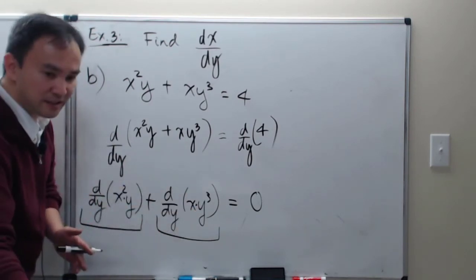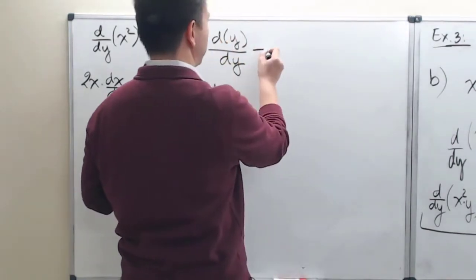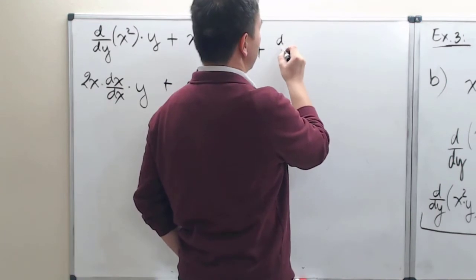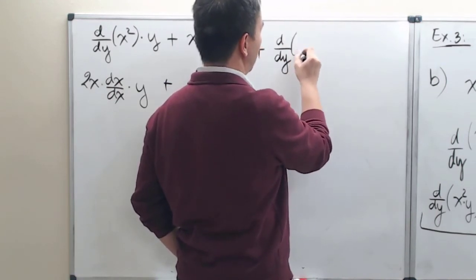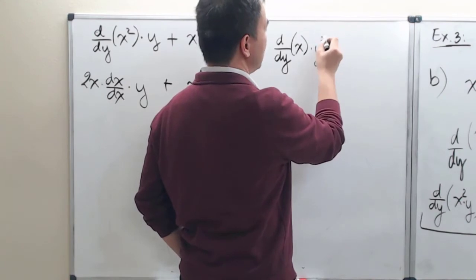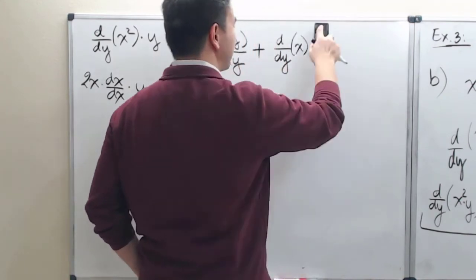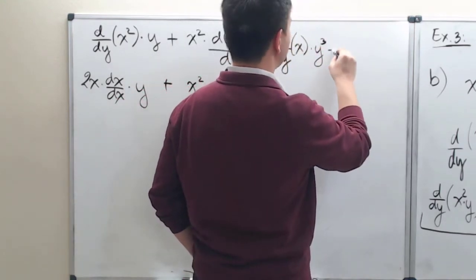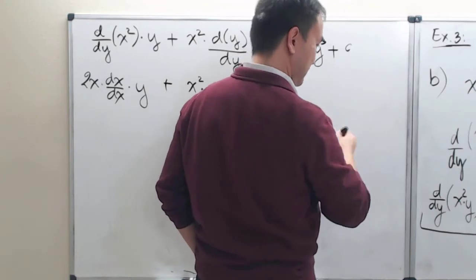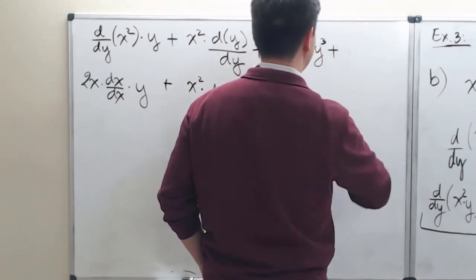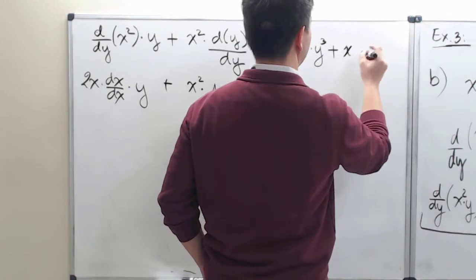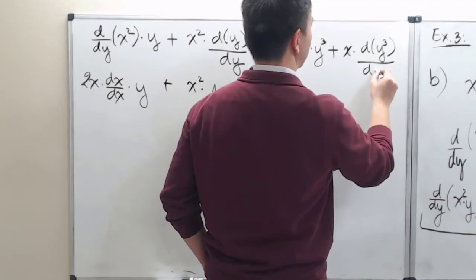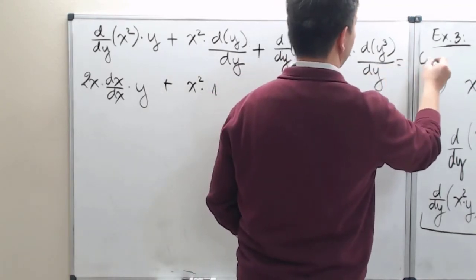The product rule says I'm going to take the derivative with respect to y of the function x, multiply with y cubed, plus, now I'm going to leave the first one the same and multiply with the derivative of y cubed in terms of y, and all that equals 0.